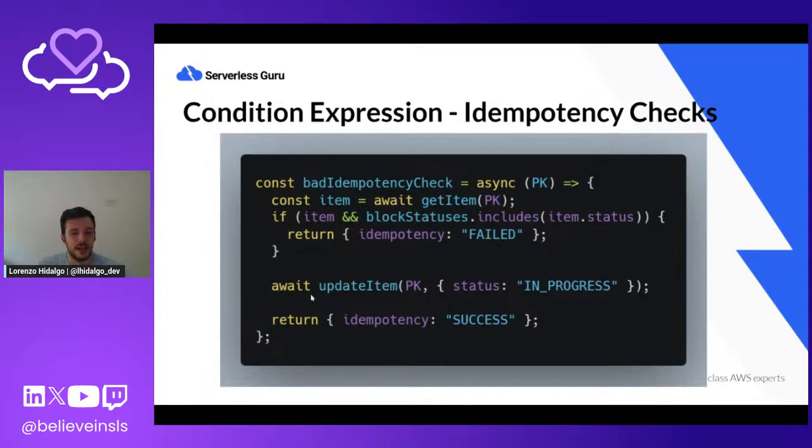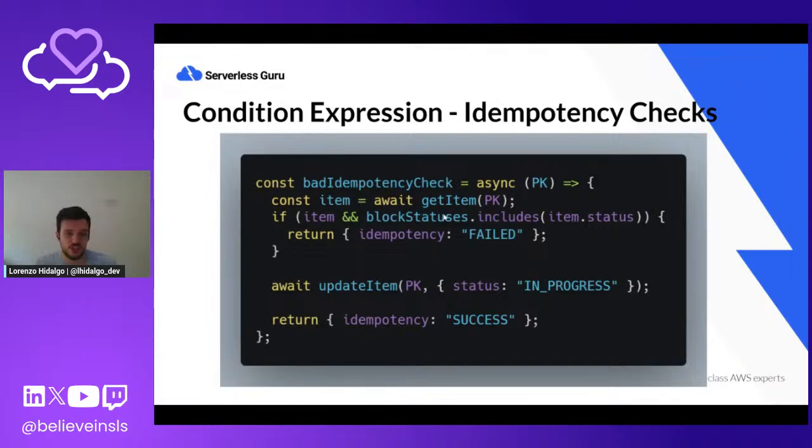Otherwise, we will update the same item with a status set to in progress so that no other Lambda will be executing the same. The issue here is that between this read and this update, there will be at least, let's say, 100 milliseconds in a worst case scenario.